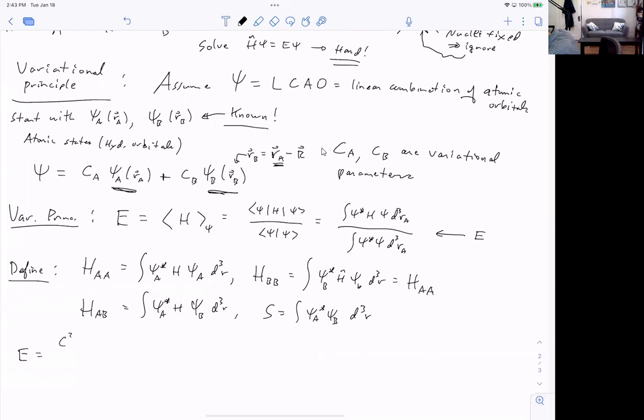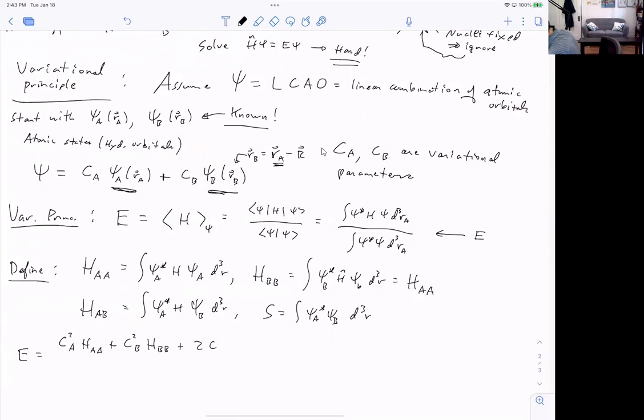C A squared H A A plus C B squared H B B plus 2 times C A C B H A B, divided by C A squared plus C B squared plus 2 C A C B times S. It's really easy to do, just a little bit of algebra, and you guys should do the algebra on your own. It's not hard, it's just a little tedious.